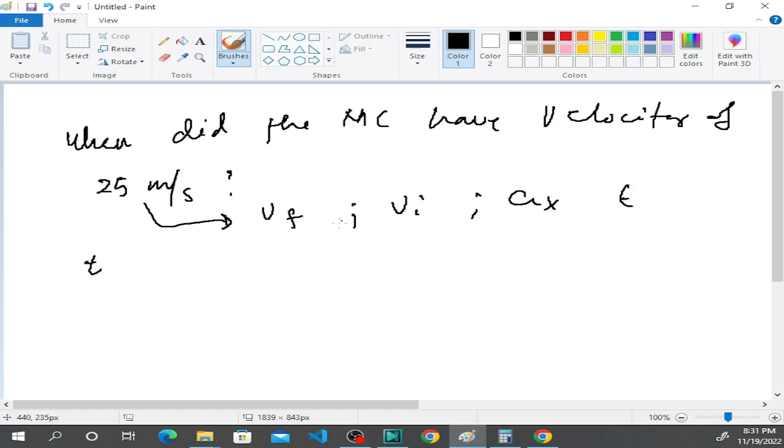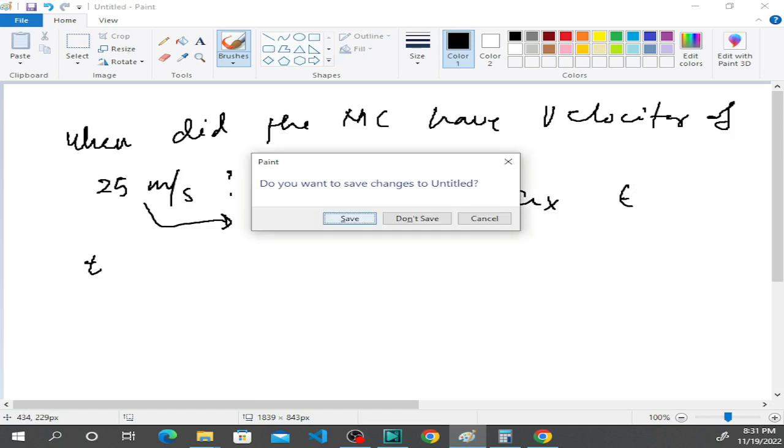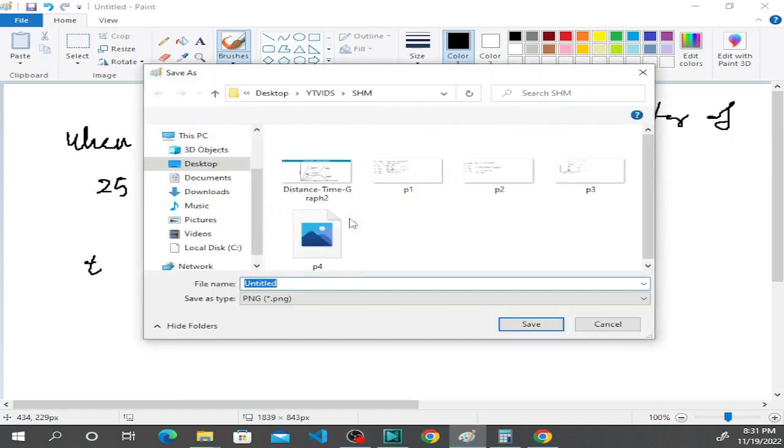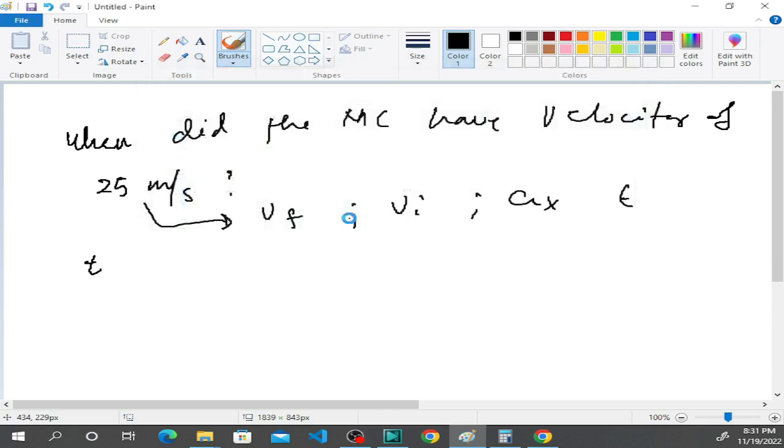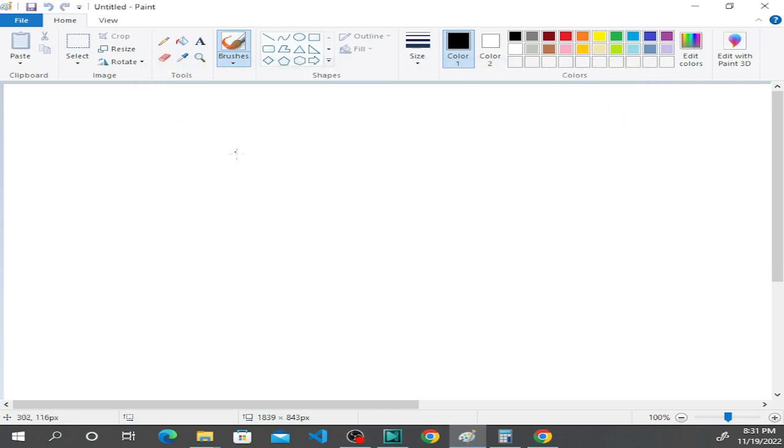We just do not know the value of time. So I'm gonna save that. That's P5. We work on this formula: v sub f is equivalent to v sub i plus acceleration along the x-axis times the value of time. We'll solve for t here.